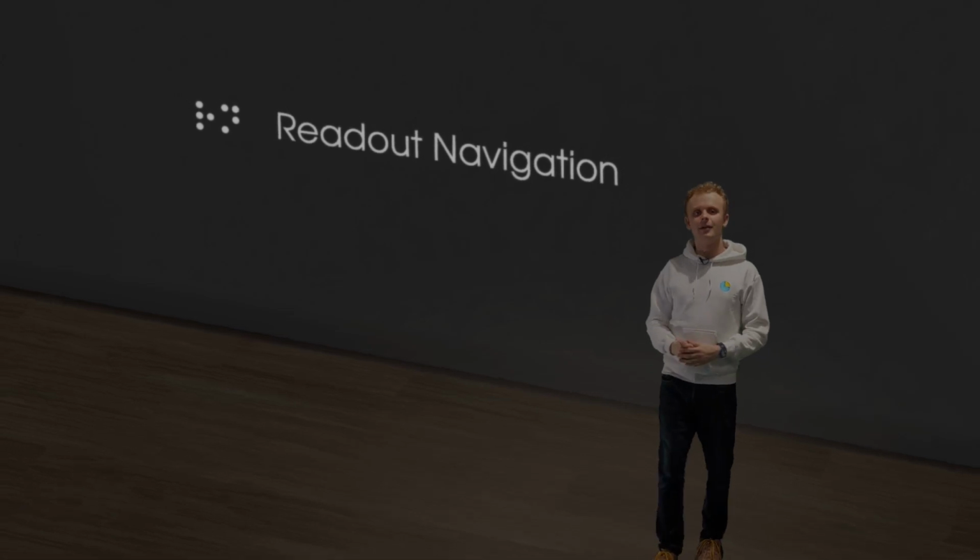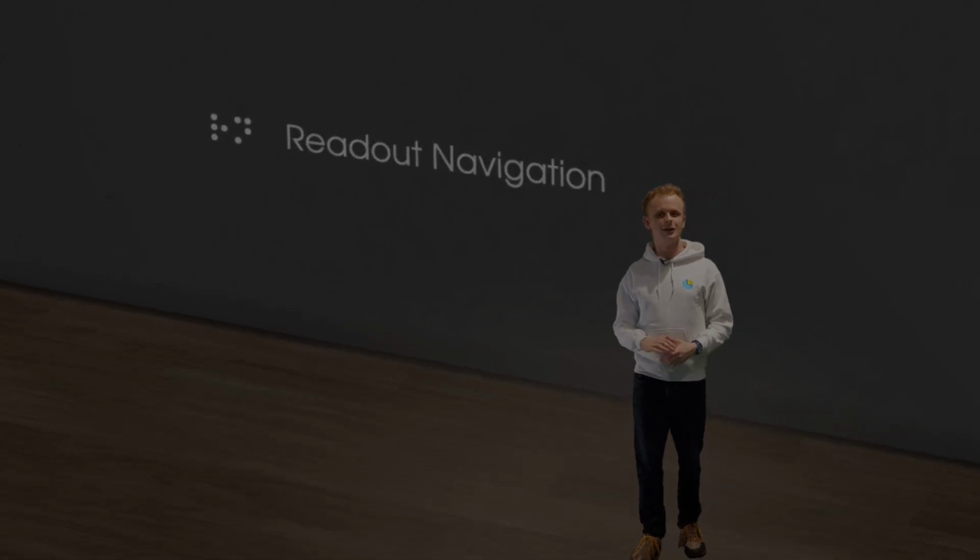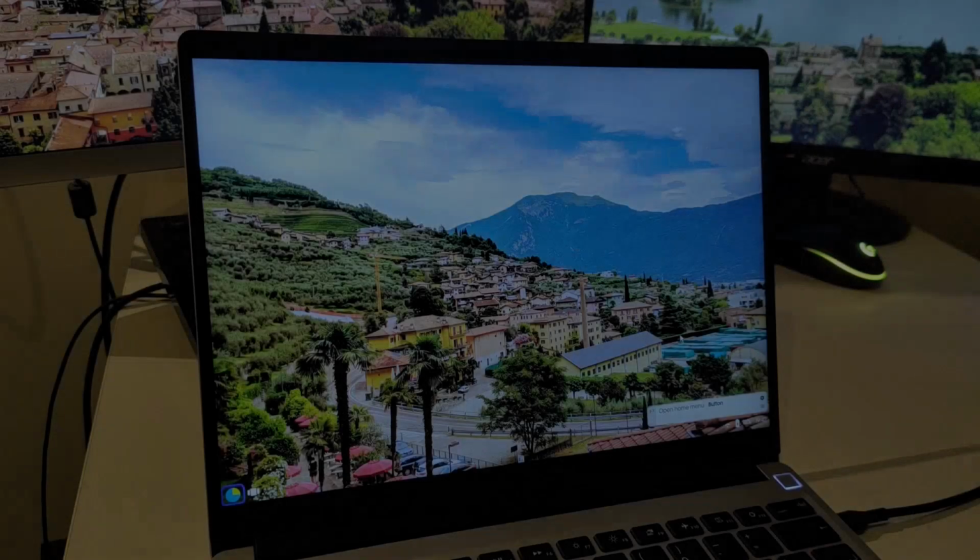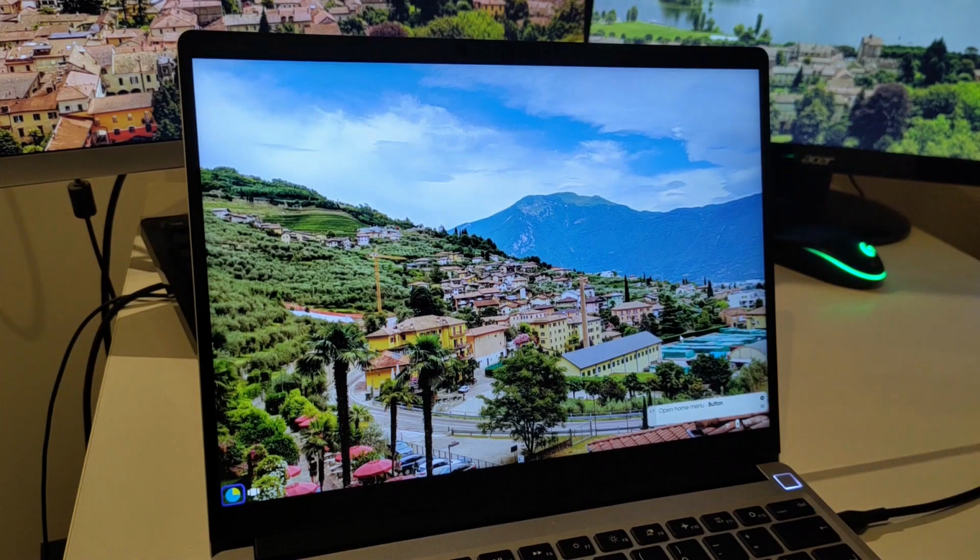Let's give you a little demo about how Readout Navigation works. Alright, so as you might be able to see in the bottom corner of my display, we have a little window, and this is a part of Readout Navigation, which, as I had said, is a screen reader which is part of LiveG.